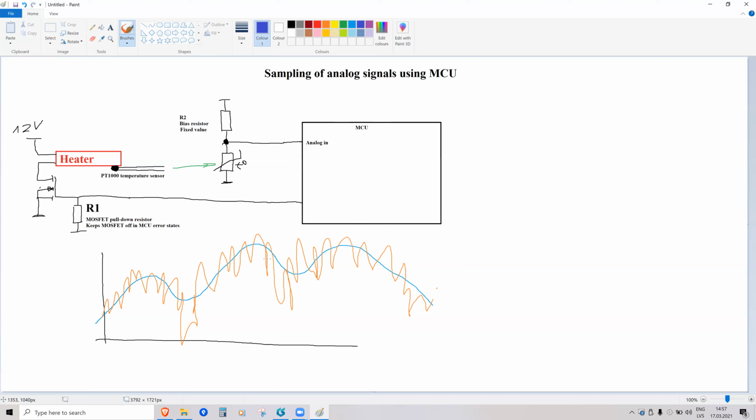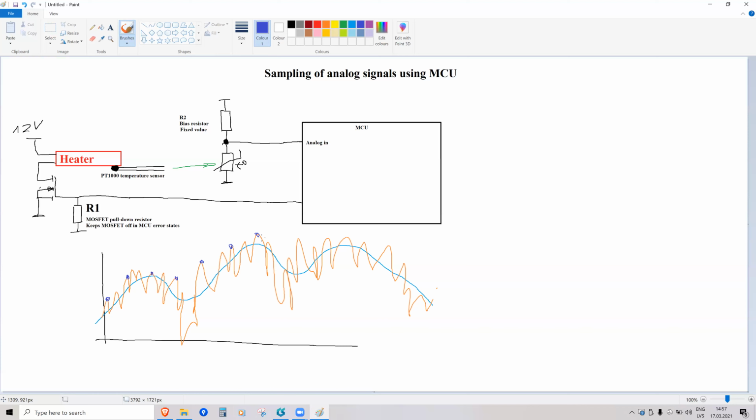So let's say we are sampling, and I'll deliberately sample in some bad way so that you see the problem. Let's say I'm sampling here, here, here, here, here, here.